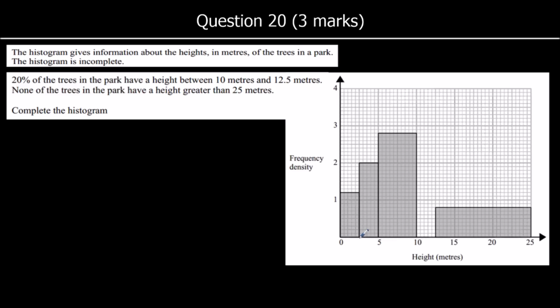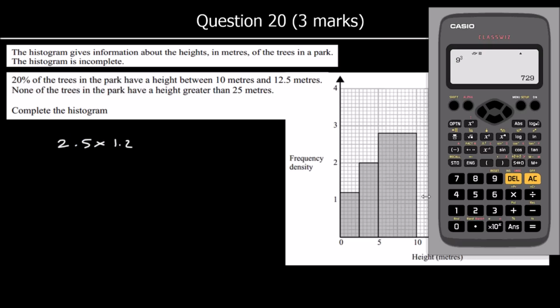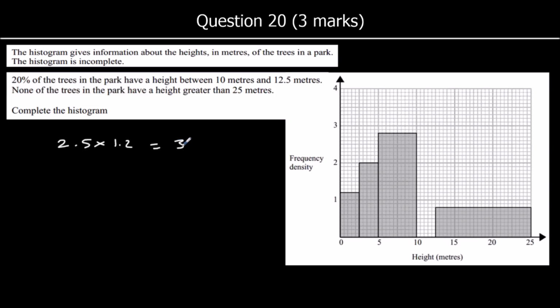So 2.5 is the width of the first bar. Its height is 1.2. So 2.5 times 1.2 is 3. So this one's got an area of 3. 2.5 times 2, that would be 5.